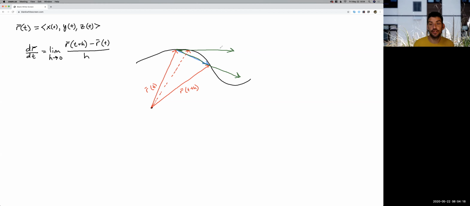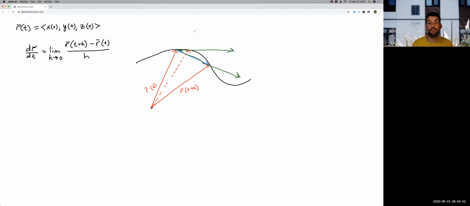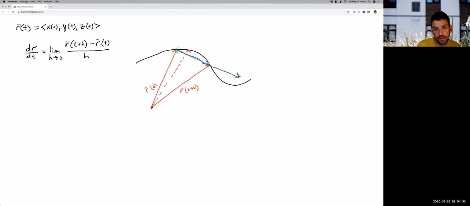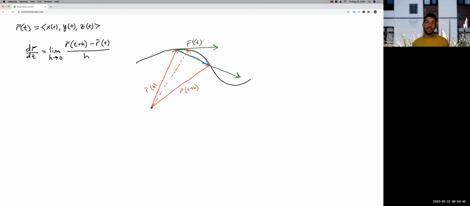This vector, this green one, as we take the limit, what it becomes, so maybe I have too many now. In the limit, it becomes a vector that, if this limit exists, we will call r prime of t, and we will think of it as the tangent vector to the curve.